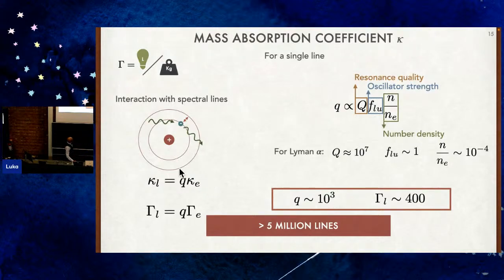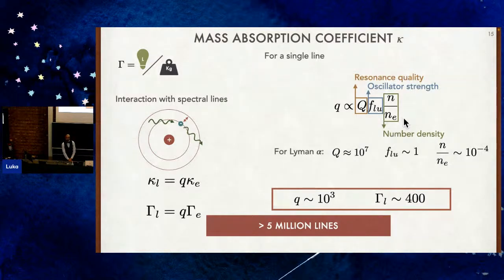Then the scaling constant will take care of how efficient this process is, as well as how strong the transition from one state to another is, and the number of electrons that radiation can interact with in this specific way, or the number density, here indicated with n.